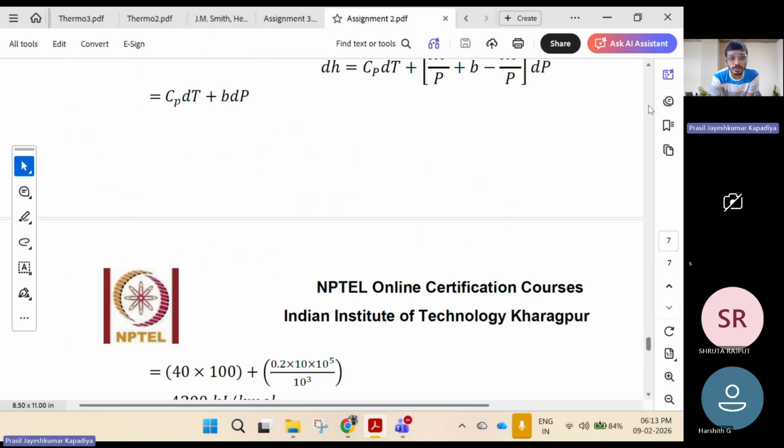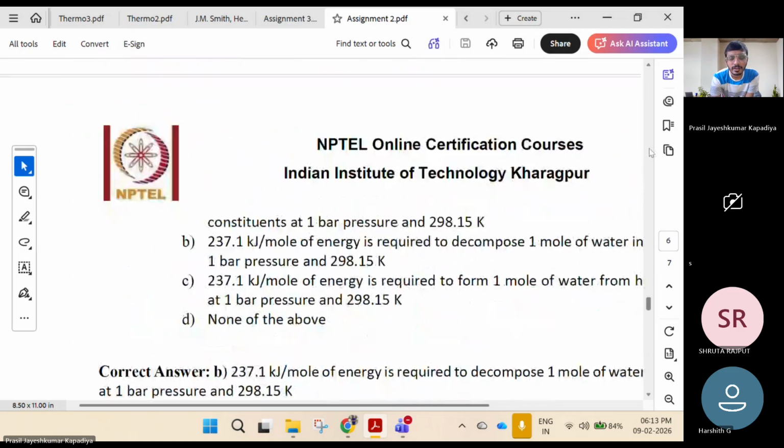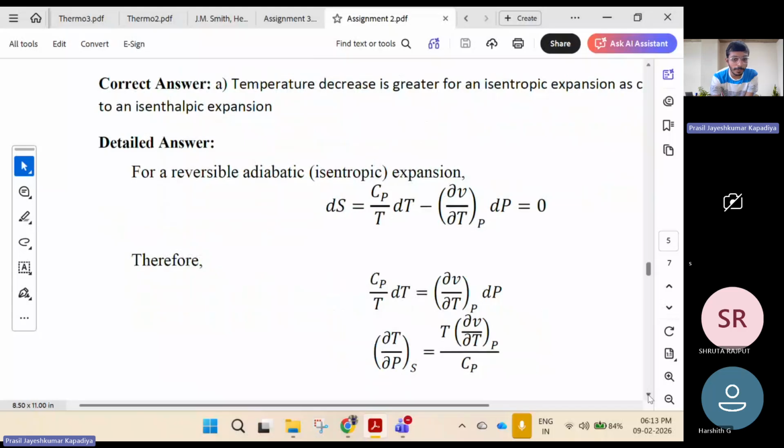Sorry, I'll just show you the expression. Yes. So we had this for isentropic. So I just need to equate it. So del T by del P, that is temperature change at constant entropy, isentropic process, is nothing but, if I equate it, this term. And a similar expression we are supposed to find for isenthalpic.